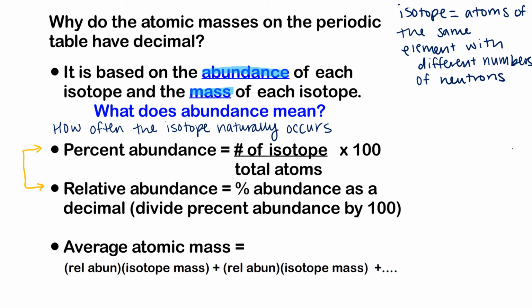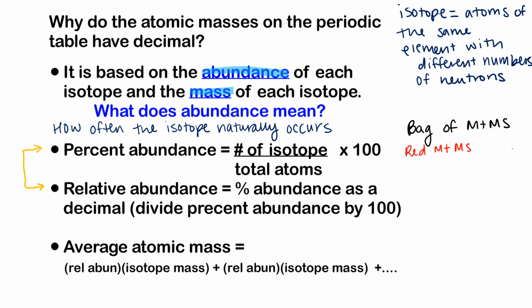So let's take a minute and think about a good example of calculating percent abundance. Hopefully you all like to eat M&Ms, so let's think about having a bag of M&Ms. In that bag, all of the different colors represent different isotopes of M&Ms. I want to figure out the percent abundance for my red M&Ms.